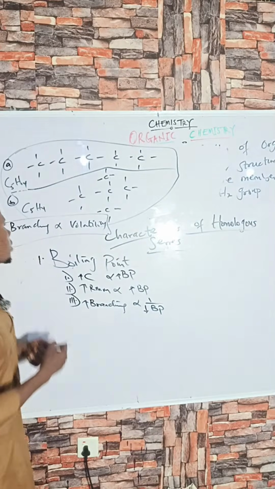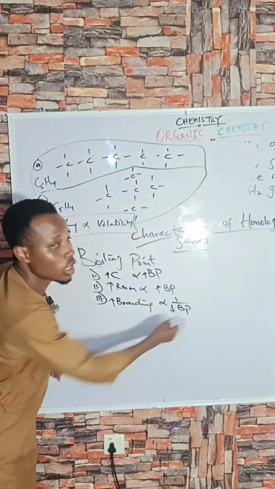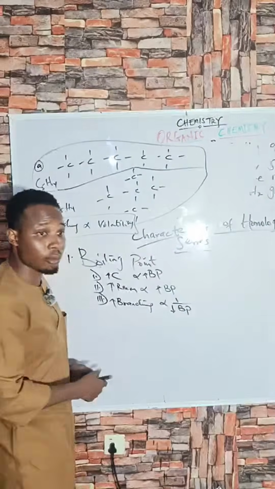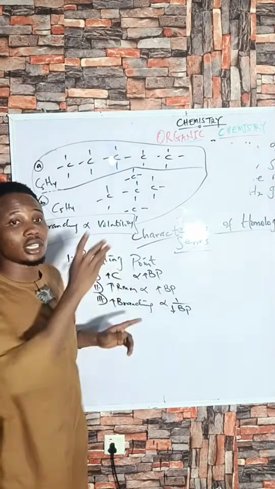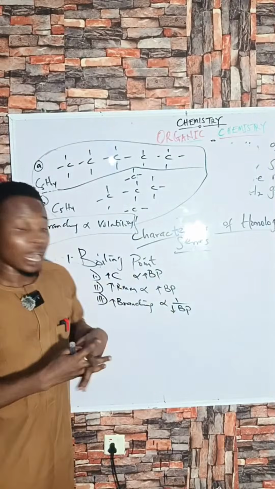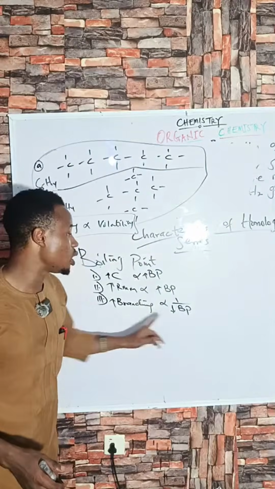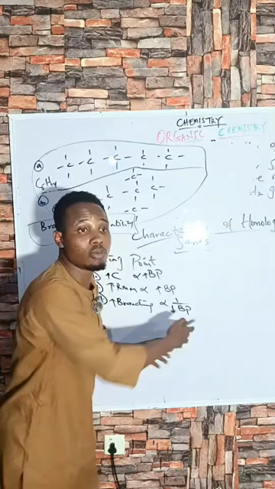So in that case, if branching is inverse to boiling point, what do we expect will happen between volatility and boiling point? What I'm trying to bring up here is that branching and volatility go in the same way. They are friends. However, branching is an enemy of boiling point. Branching and volatility, friends. Branching and boiling point, enemies.